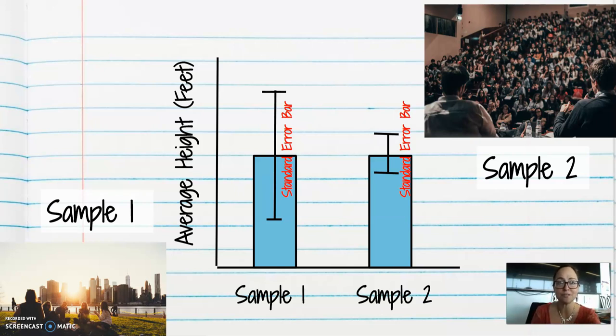Sample 2 is based on way more individuals, so I can say with more confidence that the average height of a college student falls within this range. Versus sample 1, where I only have 6 people to base my conclusions on. I'm less confident.